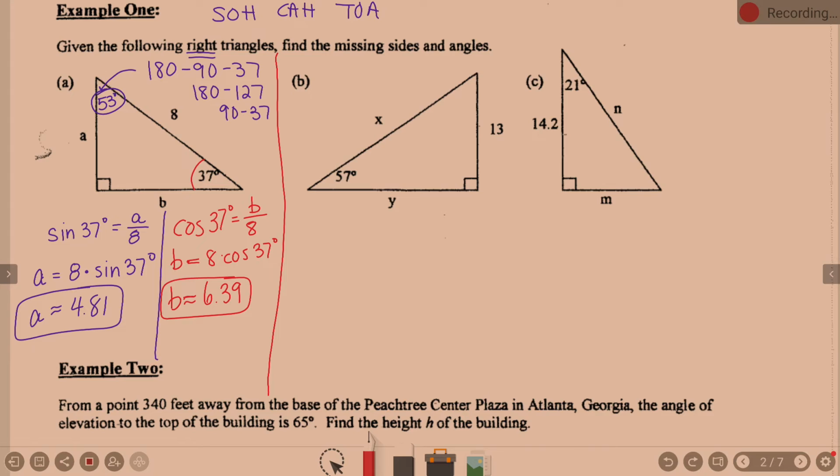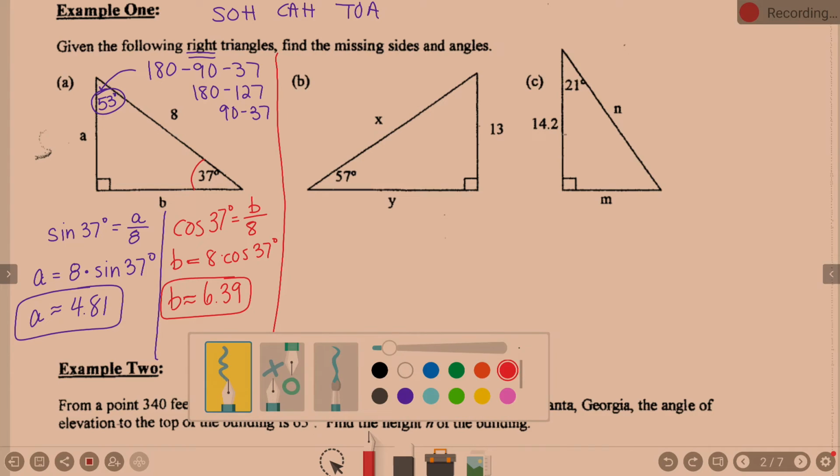Take me through it. We're given 57 degrees. We're given a side of 13. We need to find x and y in our missing angle. What are your thoughts?